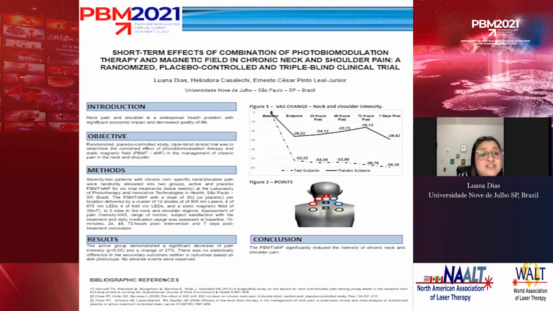Figure 1 shows the change in neck and shoulder pain intensity: baseline, endpoint, 24 hours post, 48 hours post, 72 hours post, 7 days post. Conclusion: the photobiomodulation therapy and static magnetic field significantly reduced the intensity of chronic neck and shoulder pain.